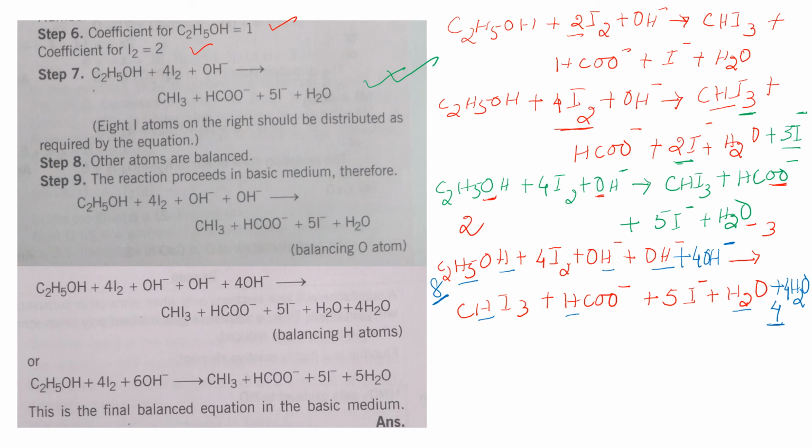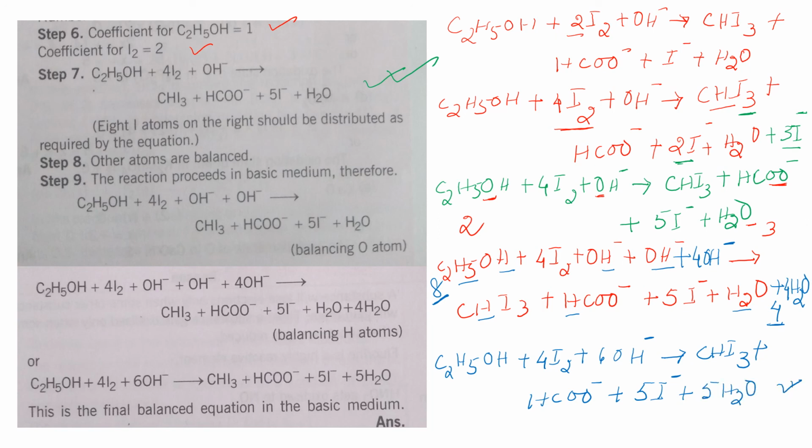So the final equation I am getting: C2H5OH plus 4I2 plus 1OH, 2OH and 4OH, so in total it becomes 6OH minus is giving you CHI3 plus HCOO minus plus 5I minus and 4H2O and 1H2O is 5H2O.